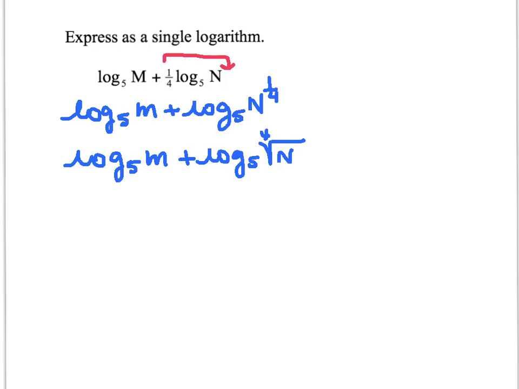The property I'm going to use next is the idea that a logarithm of a product can be expressed as a sum of logarithms, except I'm going to use it the other way around, and say the sum of logarithms can be expressed as a logarithm of a product. And so I'm going to turn this into log base 5 of m times the 4th root of n. And I've condensed down to one logarithm.